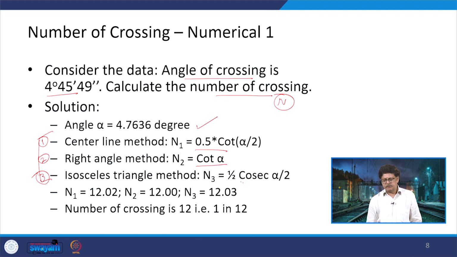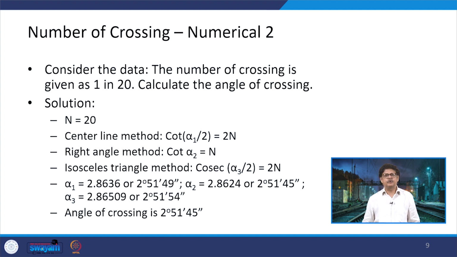Using the formula given for these respective methods, we only need to put the value of alpha here. If we put the alpha value, we get 12.02 in the case of the first method, exactly 12 in the case of the second method, and 12.03 in the case of the third method. So, in this case the number of crossing is 12, or it can be defined as 1 in 12.